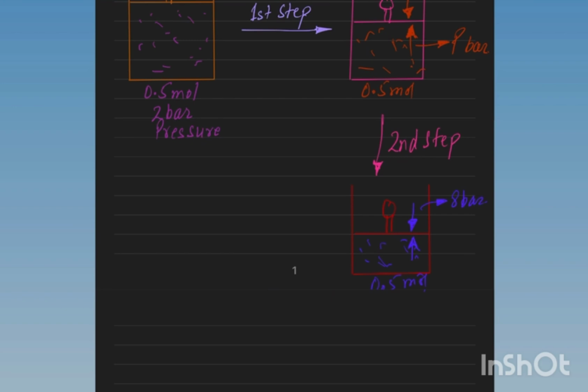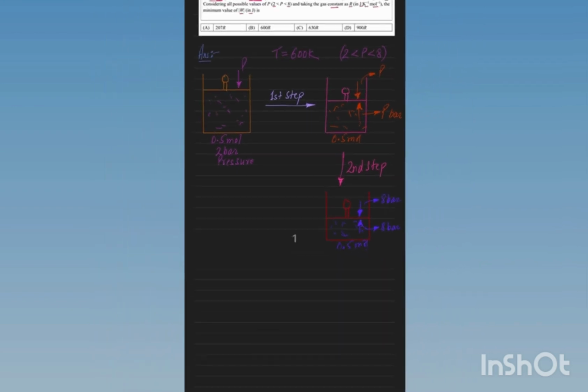And when this stops, the internal pressure also becomes 8 bar. So this is the whole question, and we have to calculate the total work done, the minimum total work done for these two steps.